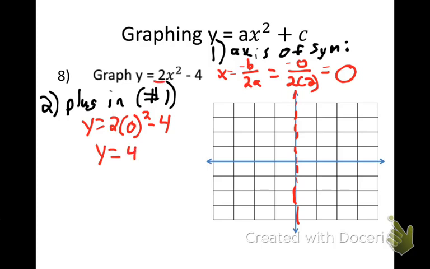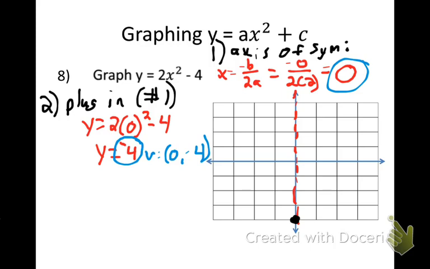So y equals negative 4. What is my vertex now? My vertex is 0, negative 4. I have my 0, I have my negative 4. Now I have my vertex there, 0, negative 4.